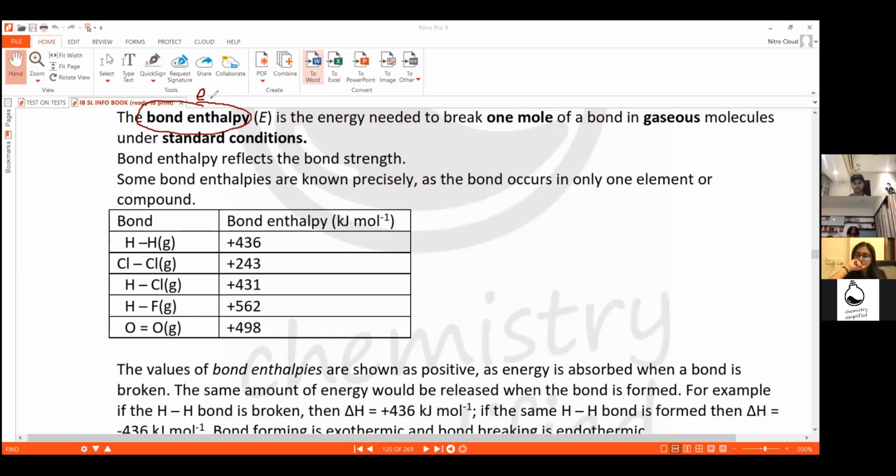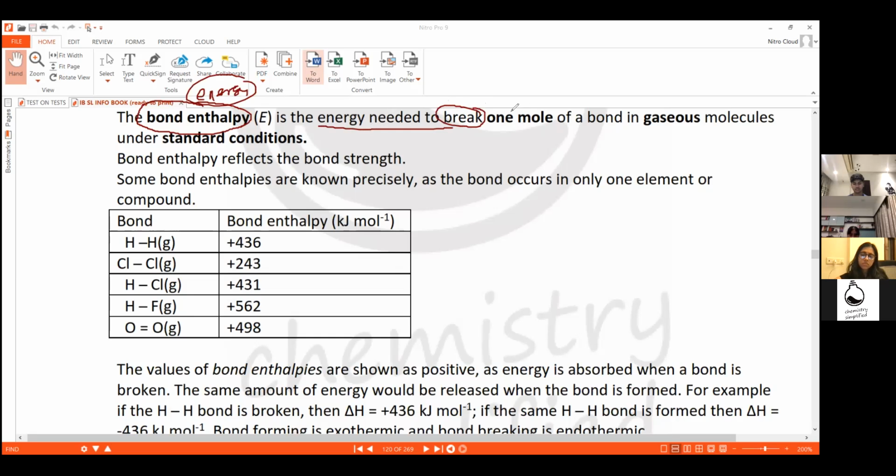Bond enthalpy is also called bond energy. Bond energy for a particular bond, and it has to be a covalent bond. It shows how strong the bond is, which means how much energy will be required to break that bond.